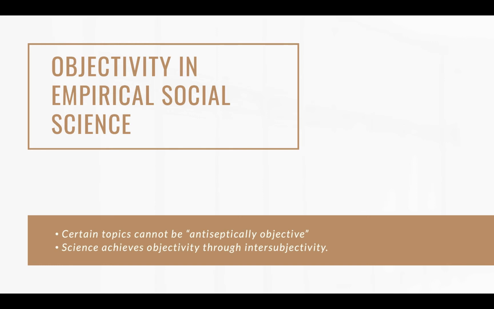So we call that intersubjectivity. So if various people are doing similar projects, if we're doing science right, we should achieve the same results. And that's how we get to objectivity in social science.